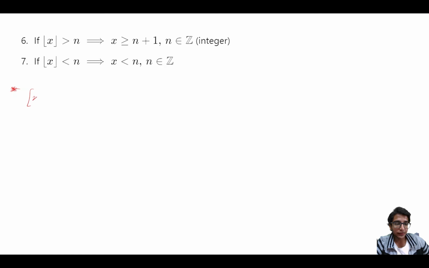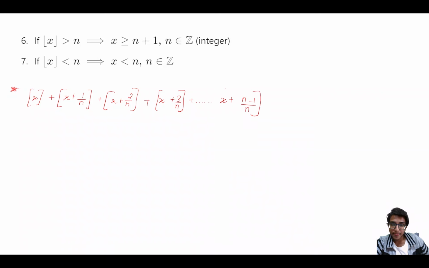Let's say you have a series given to you: x plus 1 by n, plus x plus 2 by n, plus x plus 3 by n, all under the greatest integer function, and this goes on up till x plus n minus 1 upon n. Remember, we are not going up till n, because if we go up till n, it would become x plus 1 and we would get some other value. So it is only up till n minus 1.